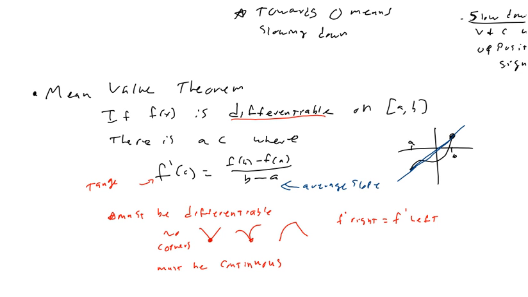And so there's going to be a spot somewhere, and this is at C here, where the tangent slope is equal to the average slope. And so you have to find the derivative of the equation, find the average slope of the equation, and set them equal to each other. Okay?